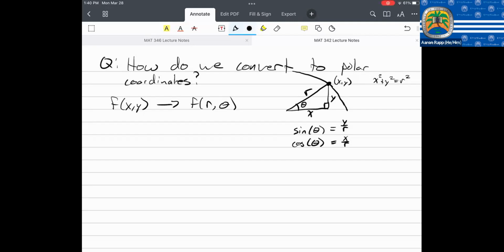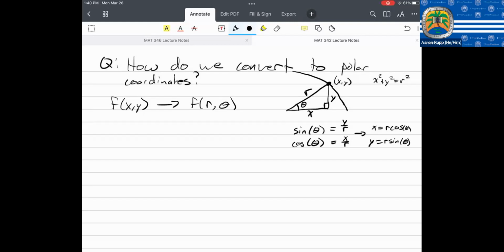But I want to figure out, okay, if I want to take x and y, what should they then look like in terms of r and theta? Well, if I take both of those equations and multiply them by r, that's going to give me x is equal to r times cosine of theta, and y is equal to r times what?